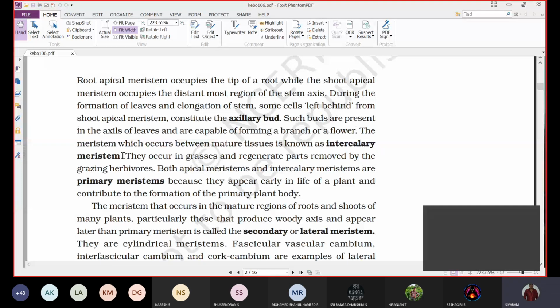This intercalary meristem is nothing but apical meristem only, but while growing, some of the cells of the apical meristem are left at the nodes and transformed into intercalary meristem, which is responsible for the formation of leaves, axillary buds, and elongation of the stem.